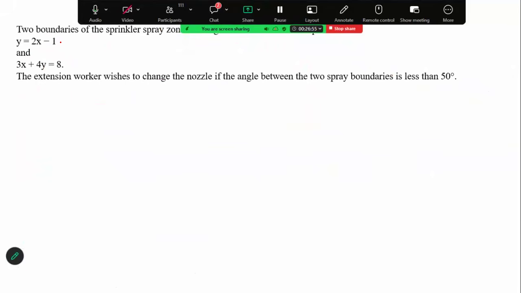Looking at these two equations, your first equation is y is equal to 2x minus 1. Then the second equation is 3x plus 4y is equal to 8. These are equations in the form y equals mx plus c, meaning that these are equations of a line.